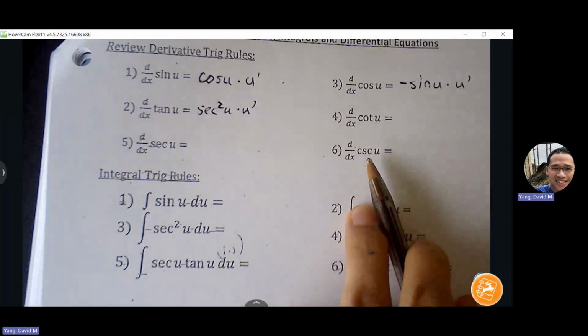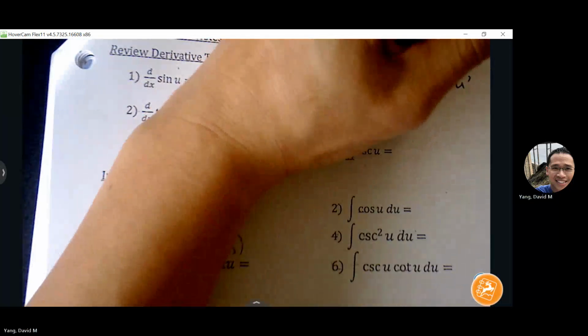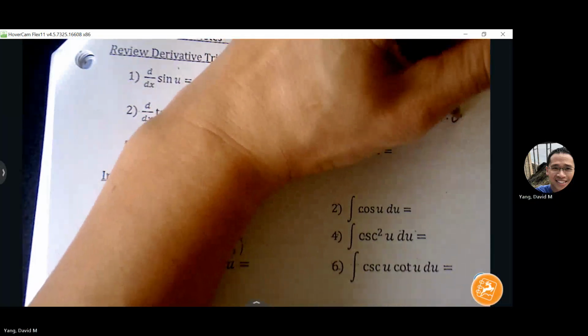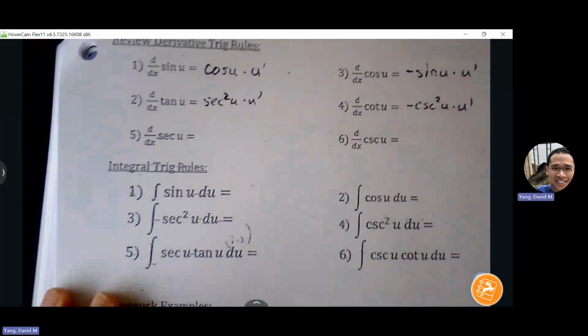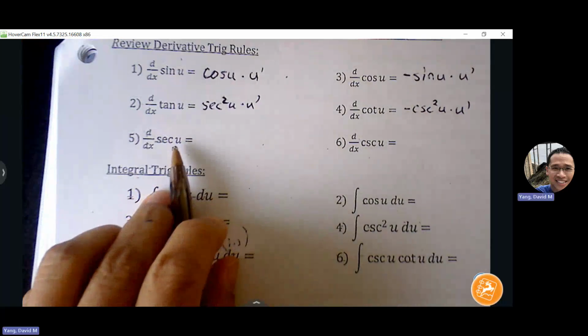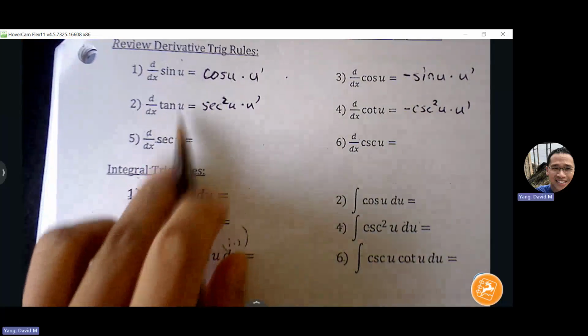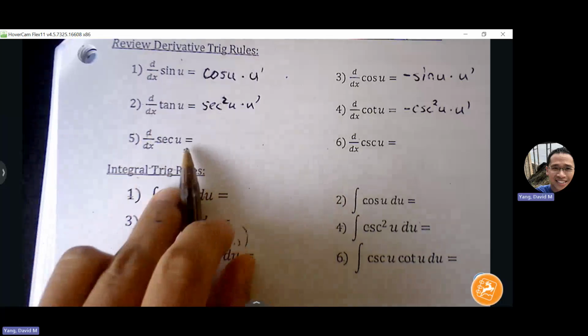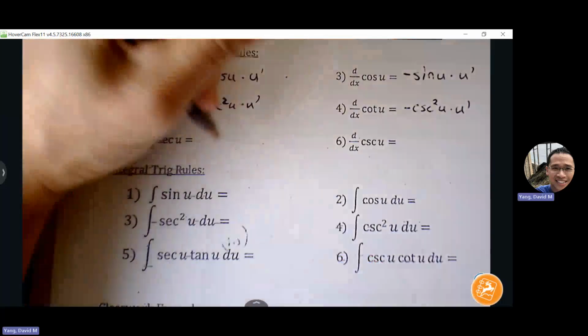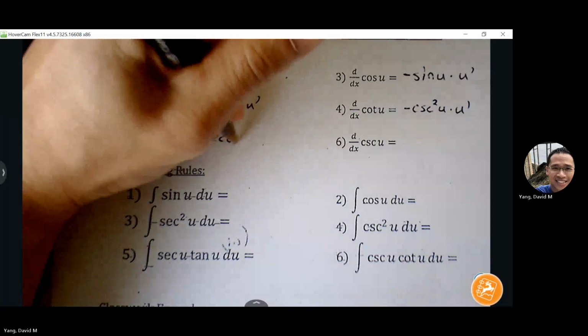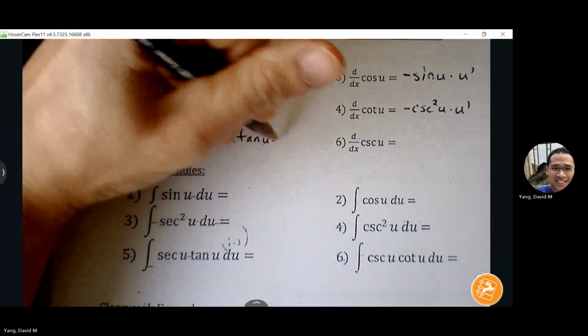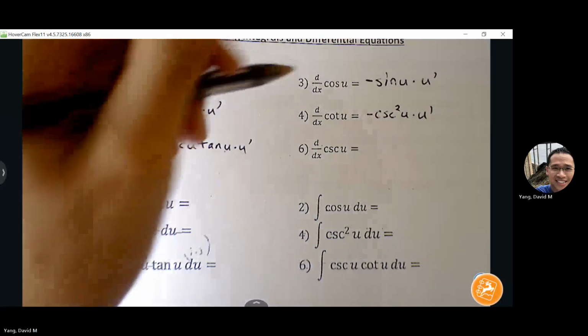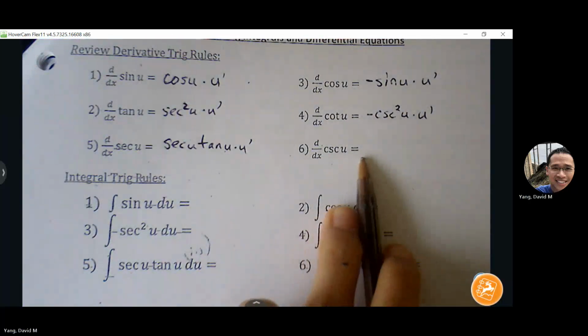Cotangent's derivative is... all right. Secant's derivative. Good. It just involves the one above it, right? These 2 are involved in each other's derivatives. Cosecant's derivative, with a what in front? Negative. Okay.